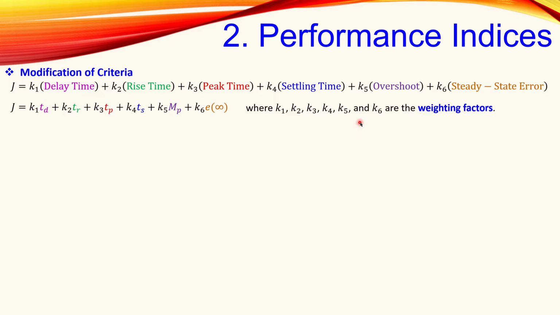Where K1 up to K6 are the weighting factors. So it is a weighting or a scaling of how much importance you want to put on these specifications.